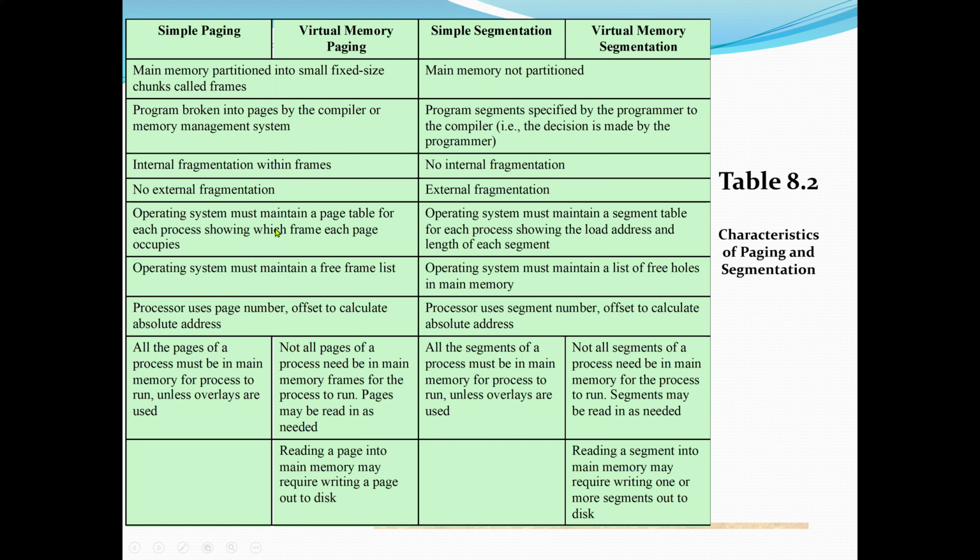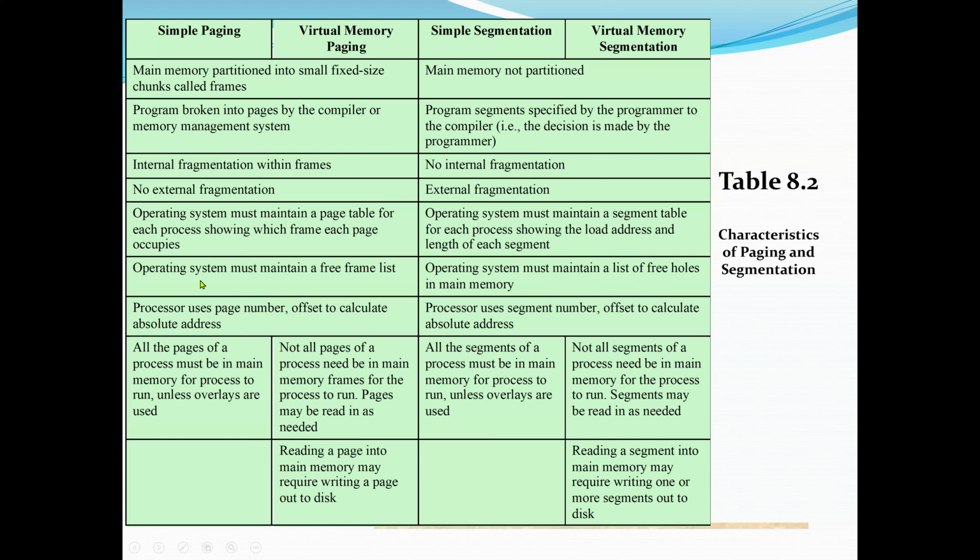Operating system must maintain a page table for each process showing which frame each page occupies. Now with segmentation, the operating system also must maintain a segment table for each process showing the load address and also the length of each segment. Also, the operating system must maintain a list of free holes in main memory.